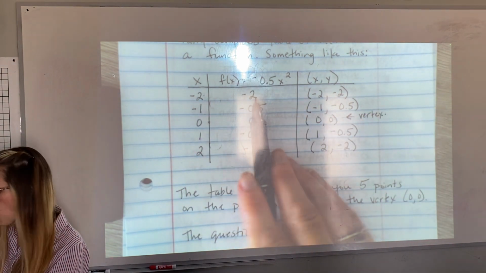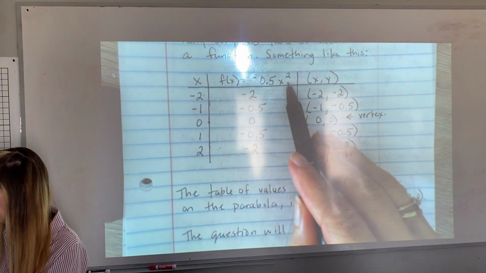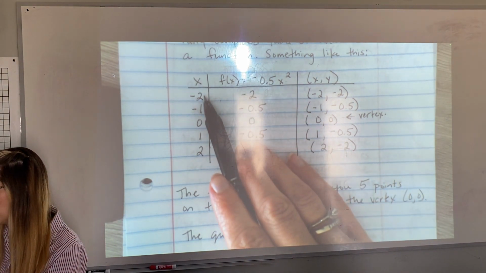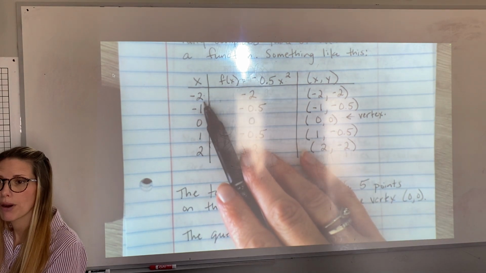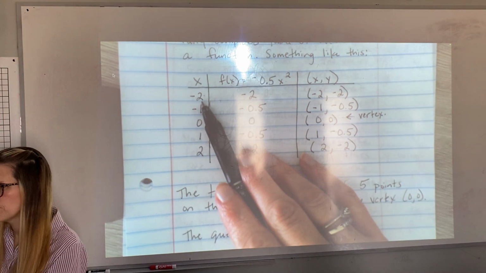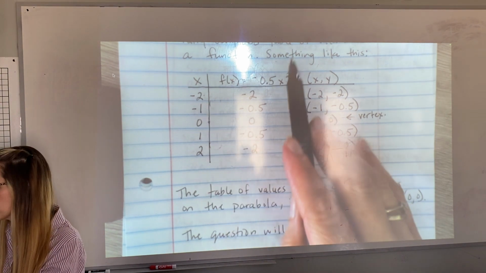But I can tell you why all of these end up being negative. The reason is because when you square any number, whether it's positive or negative, it's gonna be positive, because a negative number squared will be a negative times a negative, which will make it positive.